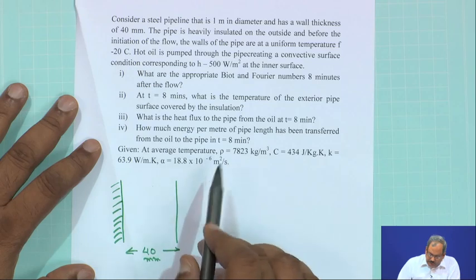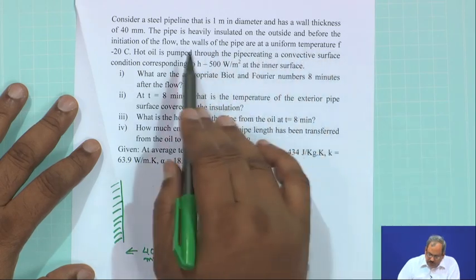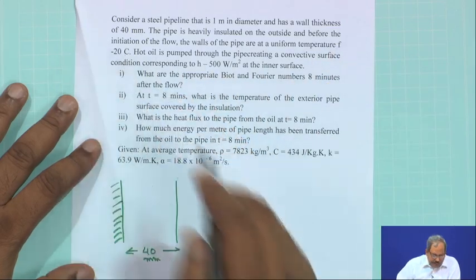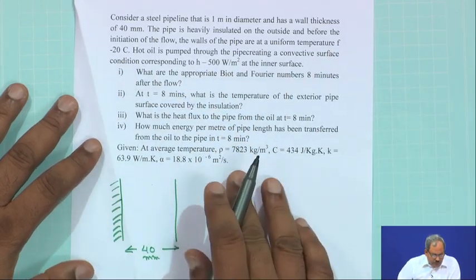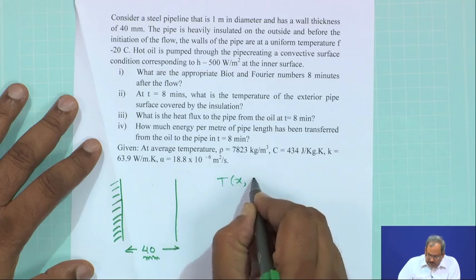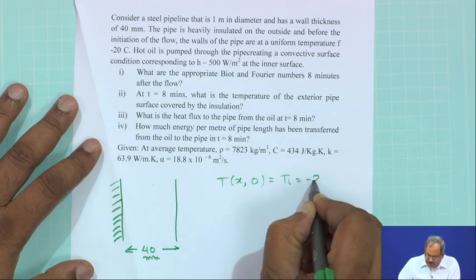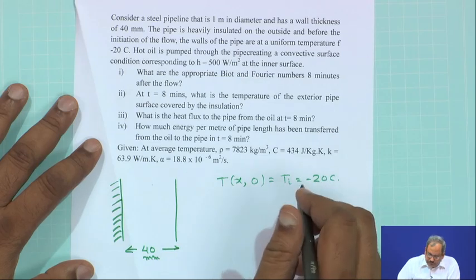Before the initiation of the flow, the walls of the pipe are at a uniform temperature of minus 20 degrees centigrade. So, initially T at any x at time 0 is equal to T_i, which is minus 20 degrees centigrade.